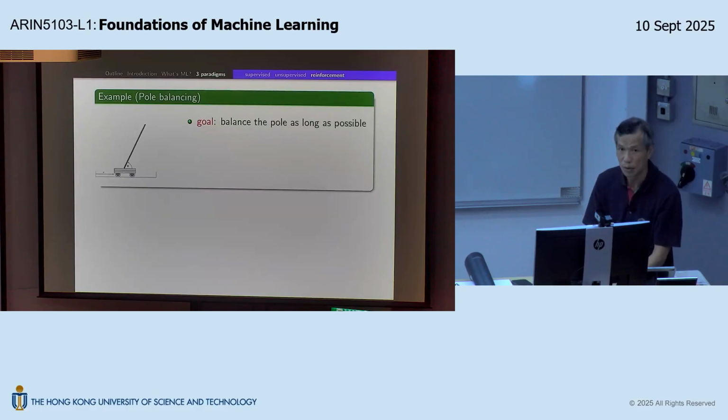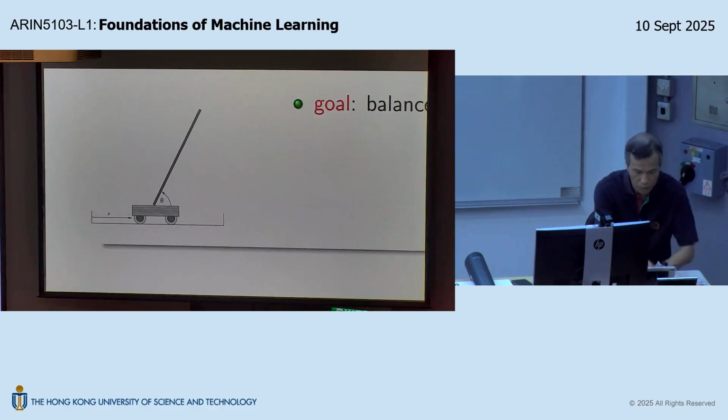So what is the input? Basically, in control, you want to determine whether I want to go left or go right. But then what is the input? So again, just like driving, for driving you have the current road image, and in this case, you have to look at the current configuration. So what is the current configuration? Here we assume that the cart can only move between these two bounds.